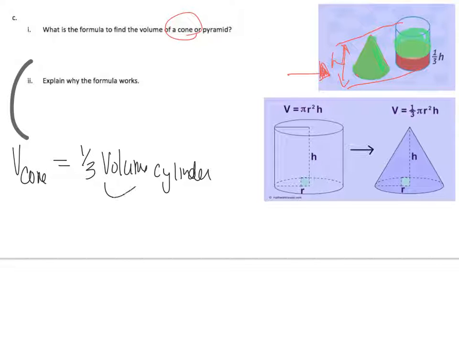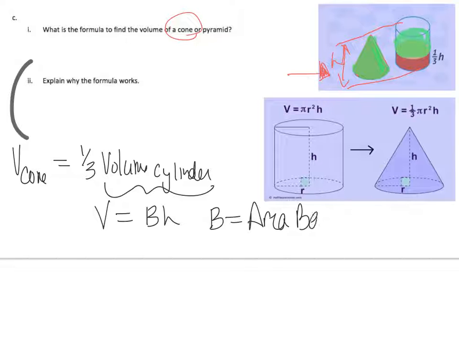So if I look at the volume of a cylinder, volume equals big B times H, where big B equals the area of the base, which is a circle, which is pi r².